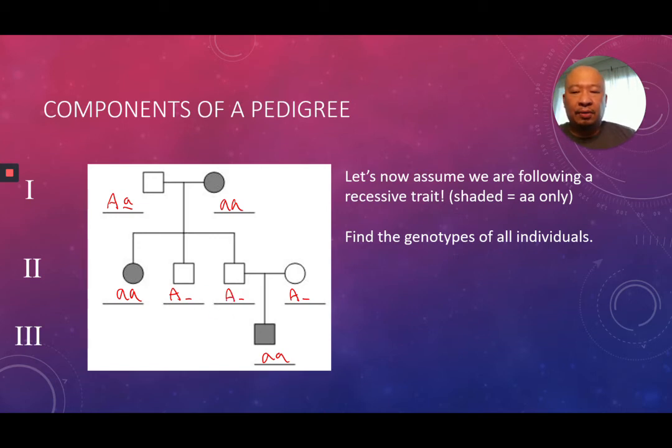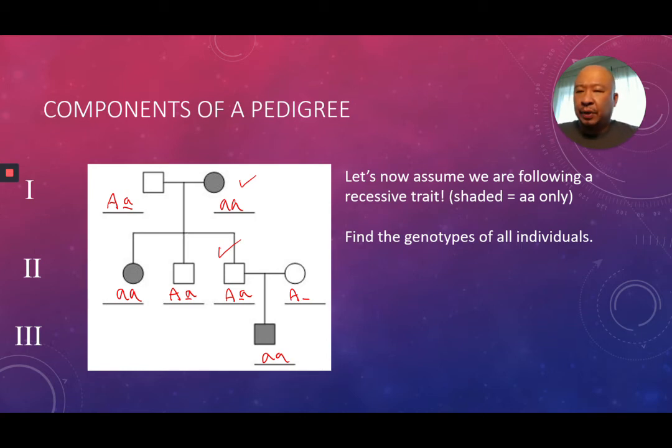But since we know the mom is recessive, and again the mom can only give a small a, each of these has to be the recessive allele. So we double check to see if everything looks good. Okay. Parents work out, the kids work out again, right? It's the same as the other scenario. This family seems to work out just as well if we were following a recessive.